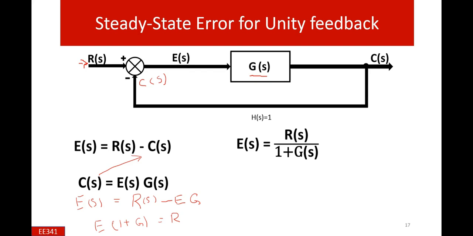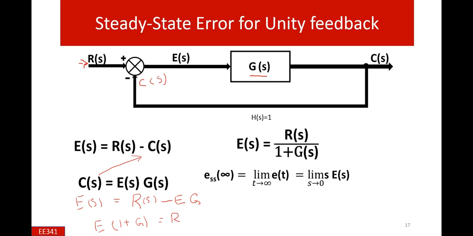Another way to observe the steady state error is to apply the final value theorem. What is the final value theorem? If we want to find the value in the time domain and the relation is in the frequency domain, then this definition is applicable. So this is the final value theorem. This is very important.